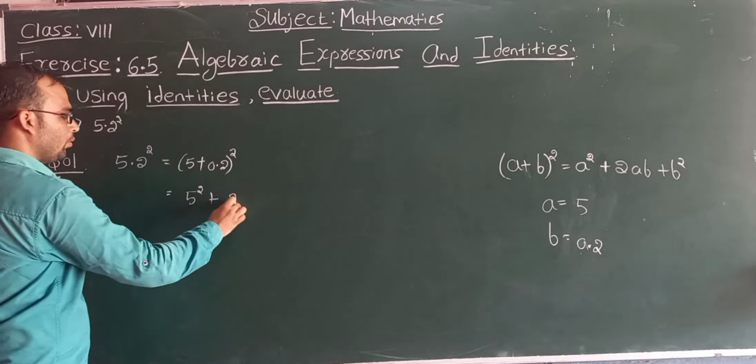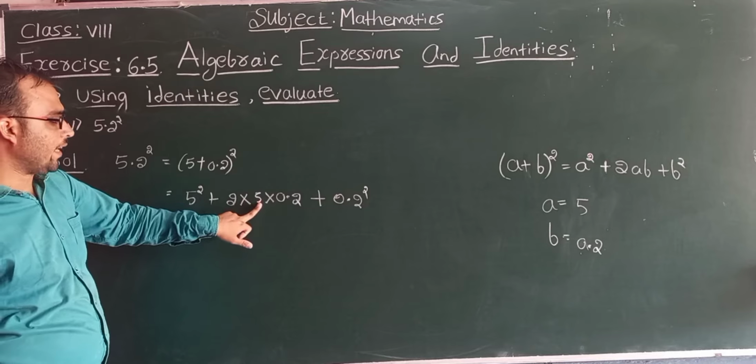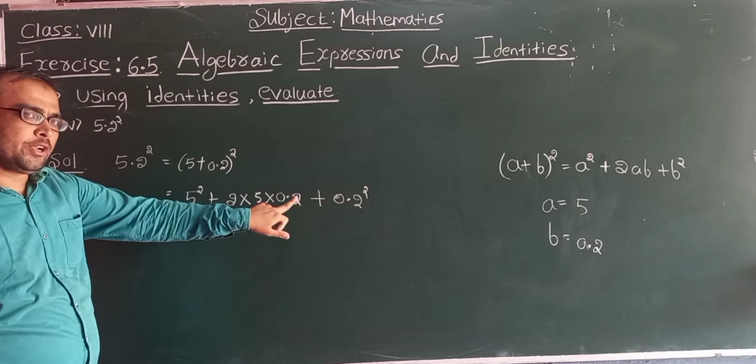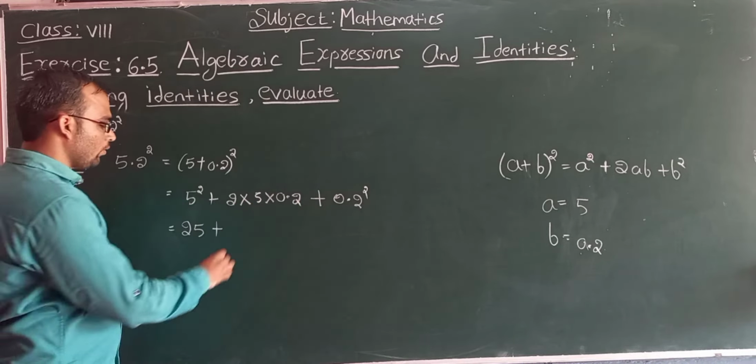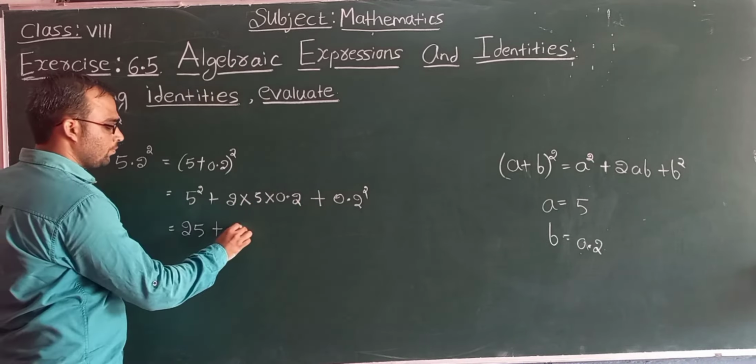This 5 square is 25, plus 2 5s are 10. 10 into 0.2 will be 2.0, plus 0.2 square, that is 0.2 into 0.2, which is 0.04.